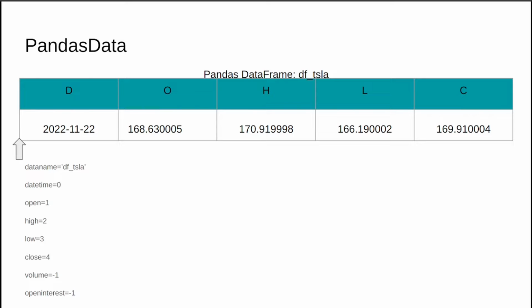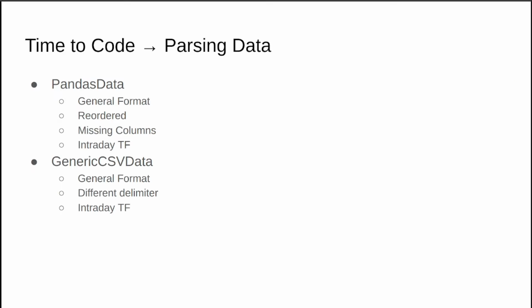Be aware that Backtrader follows the Pythonic indexing, so the first column is indexed as 0. By following this, open is column number 1, high is column number 2, and so forth. Since we don't have the volume nor the open interest in this data frame, we have to set them as -1. -1 means that it does not exist, and Backtrader will not look for it or parse it because it does not exist at all.